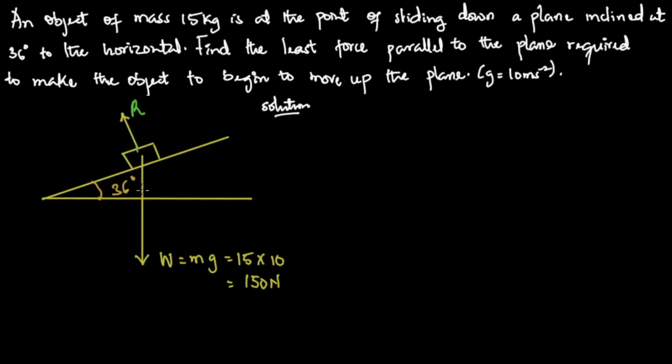Also, for every inclined plane, the weight of the object can be resolved in the x direction and the y direction with respect to the plane, and I'm going to explain that. If, for example, we have a horizontal and vertical plane, and let's say this is the y-axis and this is the x-axis.